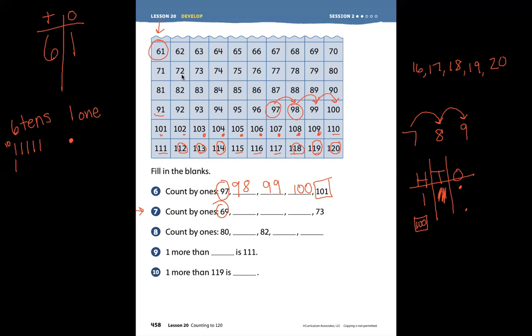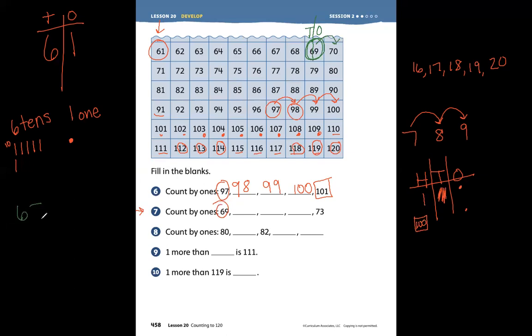So I'm going to start with the number 69. 69 has a 6 in the tens place and a 9 in the ones place. So what comes after 69? 70, right?